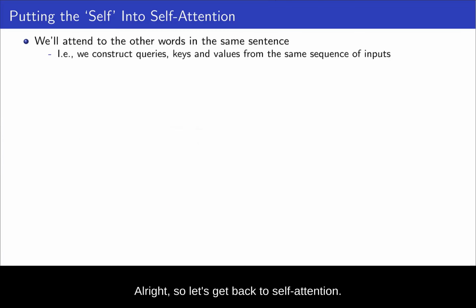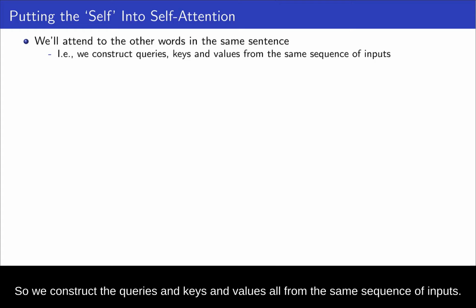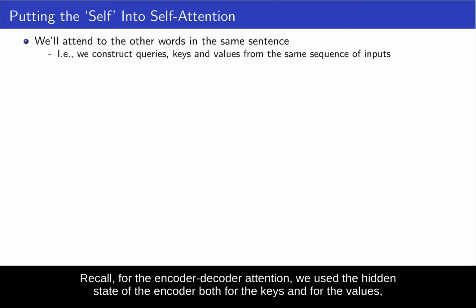All right, so let's get back to self-attention. Why is this called self-attention? Well, it is called self-attention because we'll attend to the other words in the same sentence. So we construct the queries and keys and values all from the same sequence of inputs.